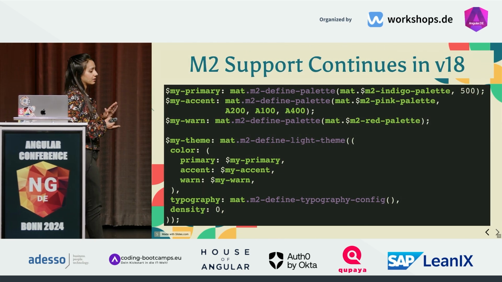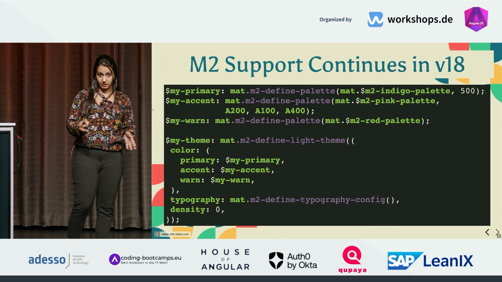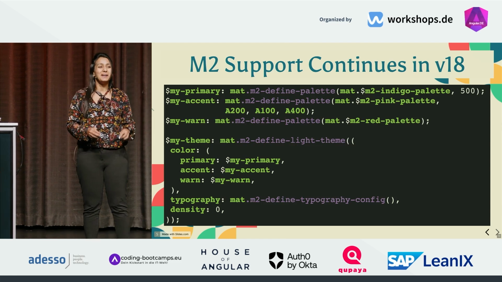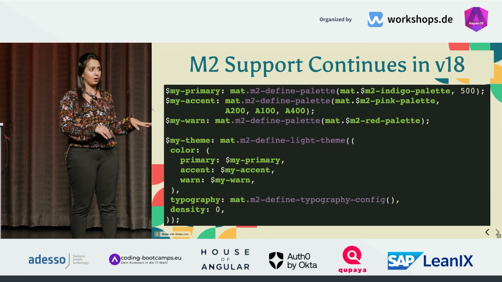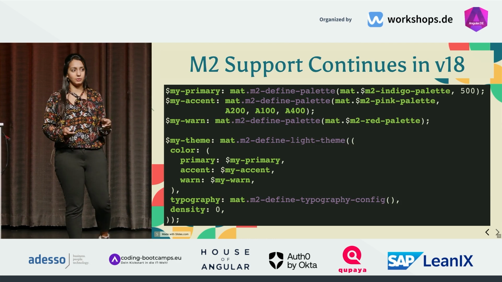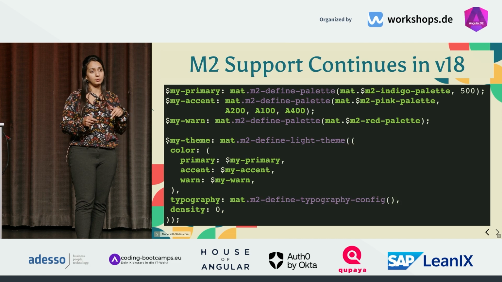You can still update your app to version 18, which is the latest version, at least for a month. But you can also still stay on M2. All you will end up doing once you run the NG update, and that's another point, right? You can use the Angular CLI to update Angular and Angular Material the same way.